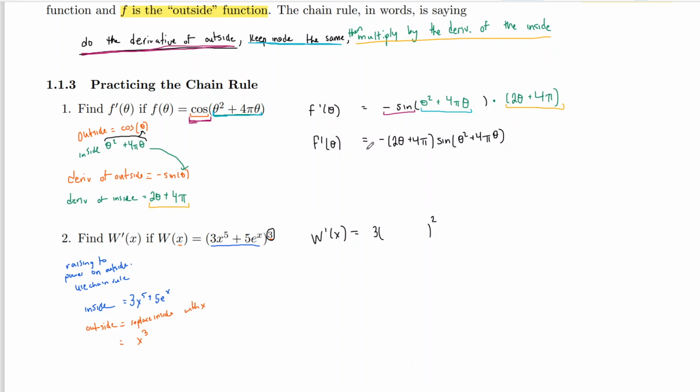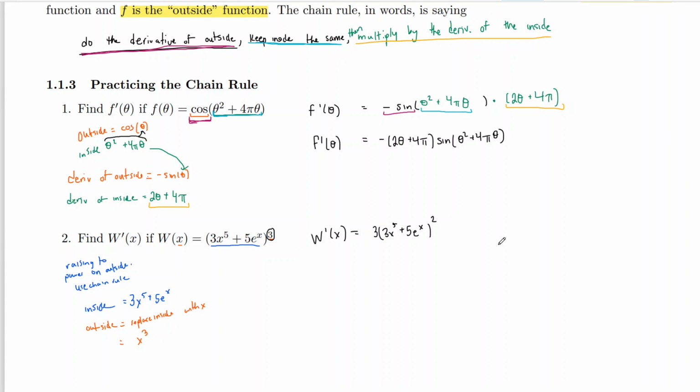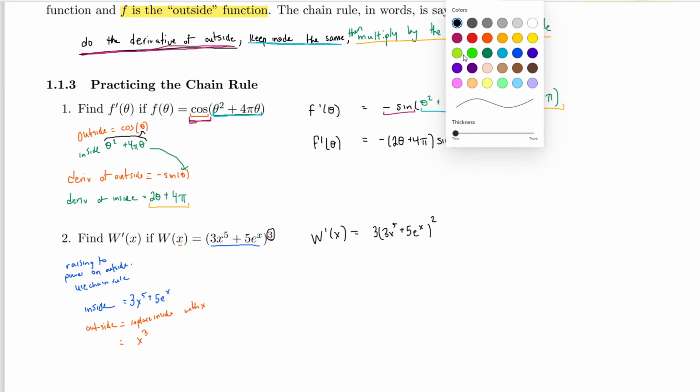And I want to leave the inside, the 3x to the fifth plus 5e to the x, inside. Right? And once again, maybe pause it, rewind the video if that's not sticking, and watch it again. Hopefully with the amount of practice examples we have in this section, it'll start to come to you.